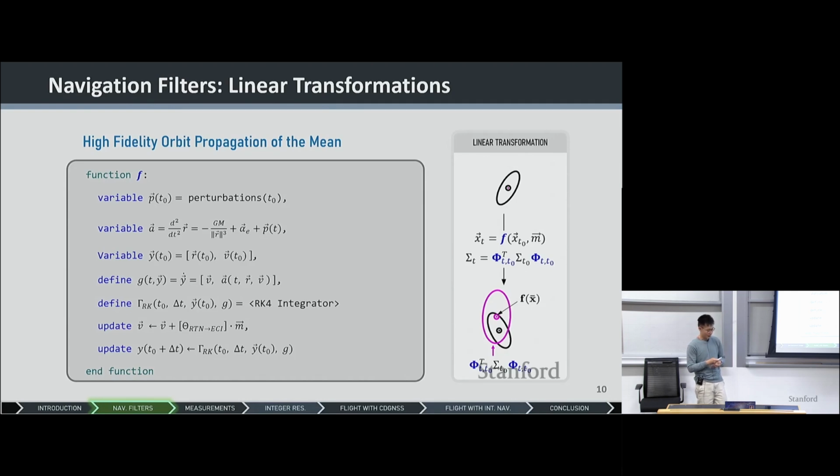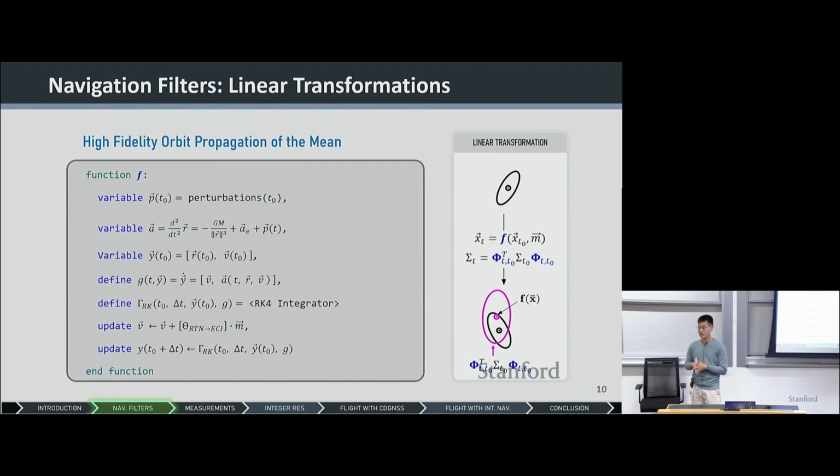Let's call our non-linear dynamics function F. And within F, I have an understanding of how things fly in two-body systems. I have Newton's laws of gravitation. And on top of them, I have an understanding of what the perturbations are.